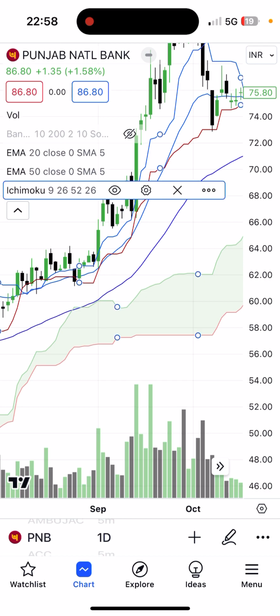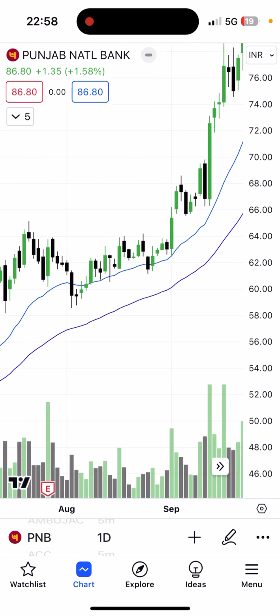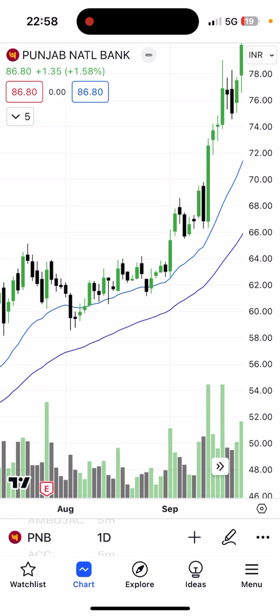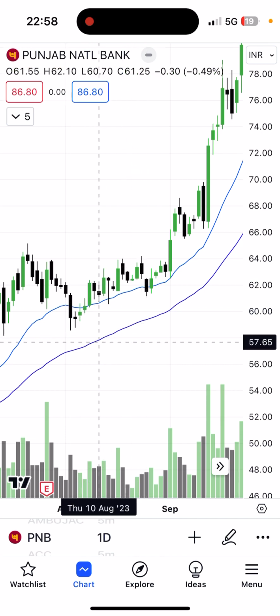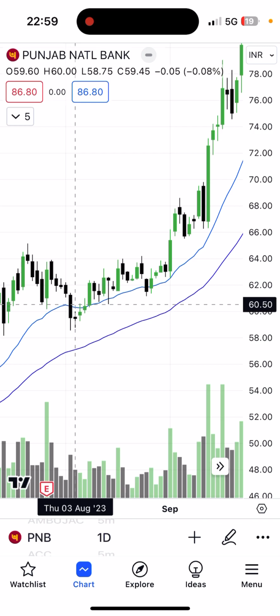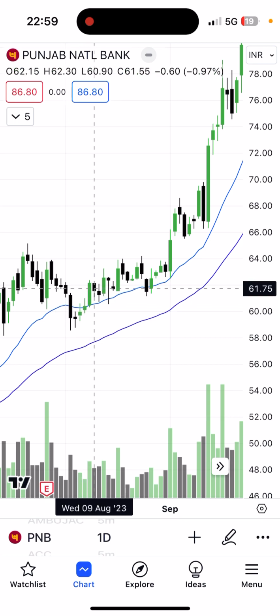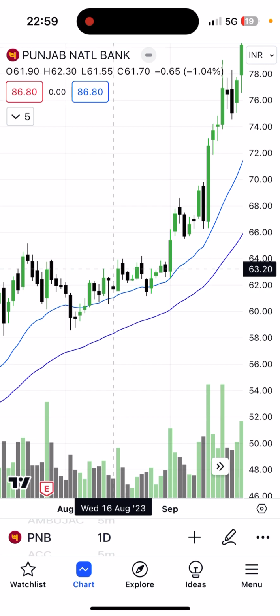I would like to make a few points about the 20 and 50 moving average. I look at the 20 moving and 50 moving average as a trampoline. I look at the 20 moving average as a 2-year-old kid and the 50 moving average as a 5-year-old kid. When a 2-year-old kid jumps on a trampoline, he will go a little down, and then the jump will be very high because his weight is less.